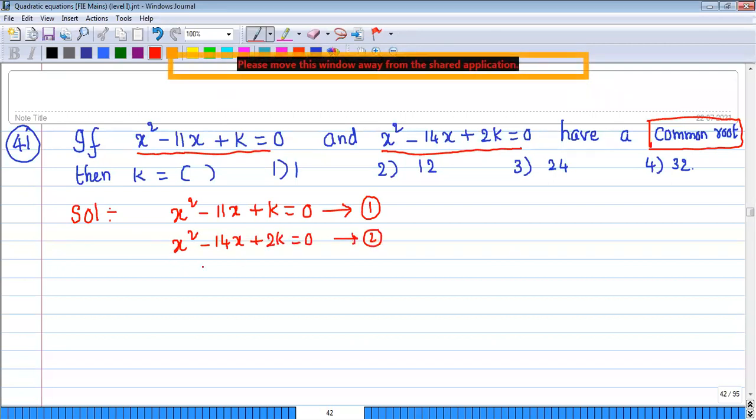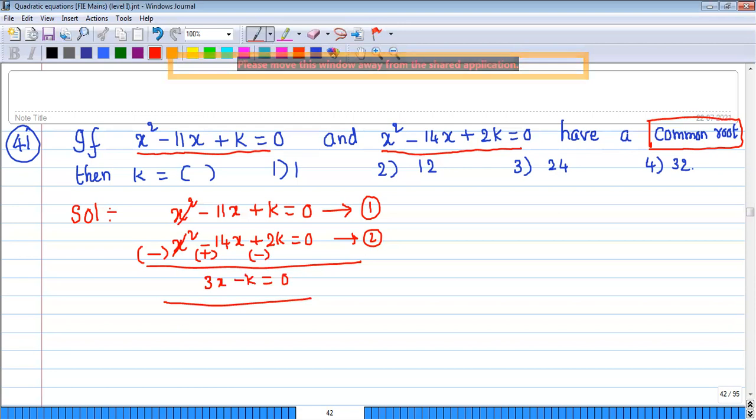Subtracting, x square cancels, minus 11x plus 14x is 3x, so 3x minus k equals 0. Obviously, x equals k upon 3.